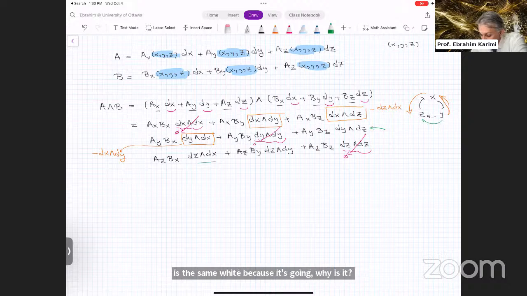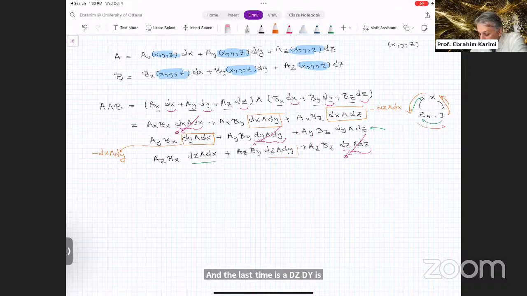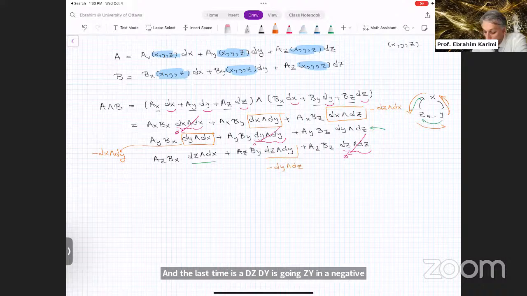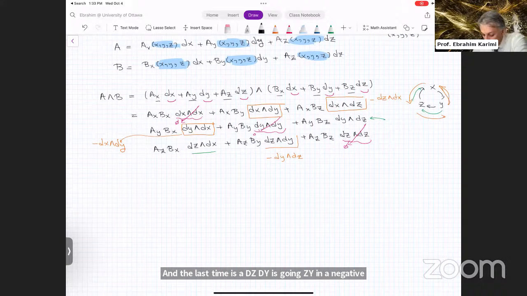This one, zx, is again positive, so I will keep it like this. And the last term, dz dy, is going zy in a negative way, so I will write it as minus dy dz. So I will cast them together and put them in a proper way.